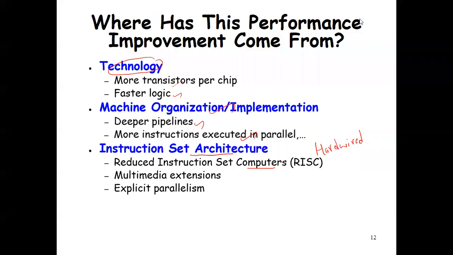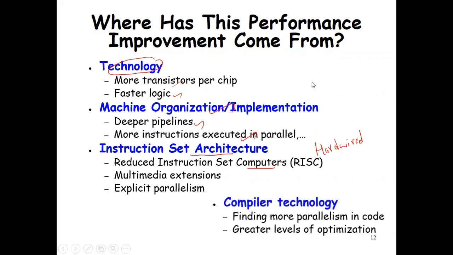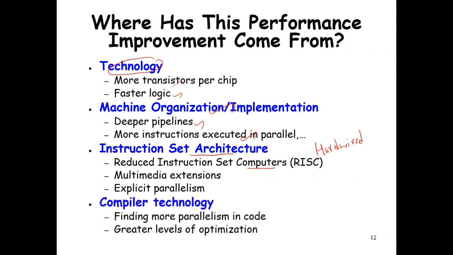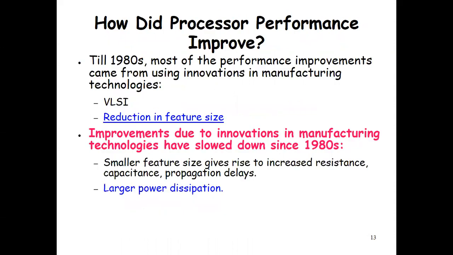So all these things contribute to the performance improvement: technology, pipelining, parallel processing, and the use of the RISC instruction set with a hardwired control unit. And also compiler technology. By using an optimized compiler, the performance will also improve.